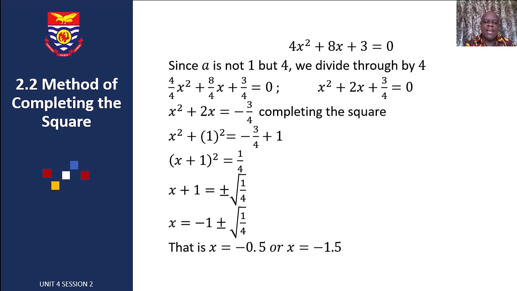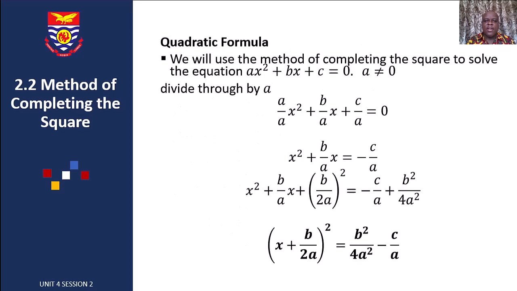So x is equal to -1 plus or minus 1 over 2. And that becomes x is equal to -0.5, or x is equal to -1.5.